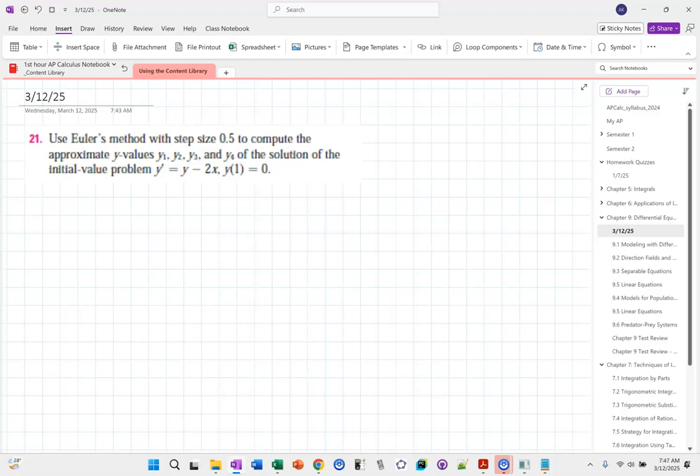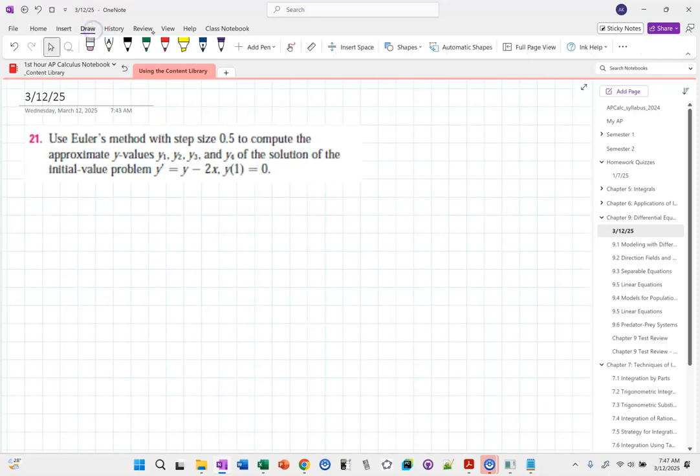All right, so here it says to use Euler's method with a step size of 0.5 to compute y values y1, y2, y3, y4 for the solution of the initial value problem y prime equals y minus 2x, where y of 1 is equal to 0.